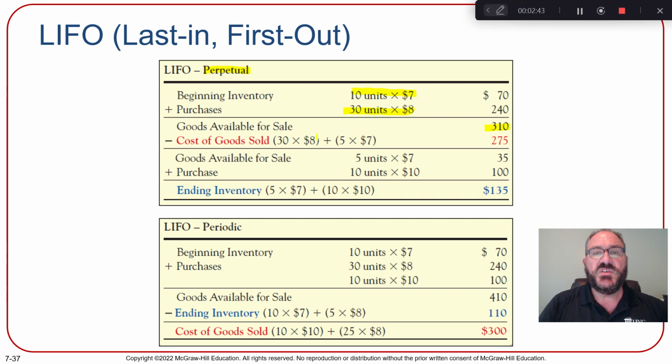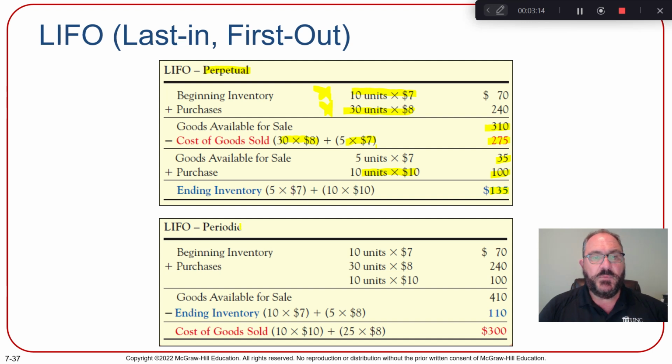The cost of goods sold would be $275, and then our ending inventory would be $135. We'd have 5 units left from the $7, and then we would have 10 units left at $10 to give us $135. So you see what happens is our cost of goods available only included these first two items right here, okay?